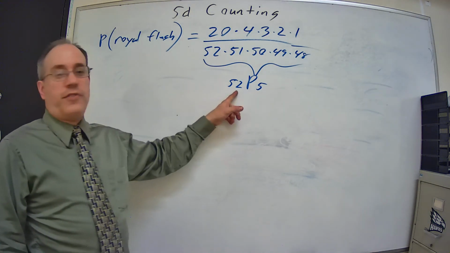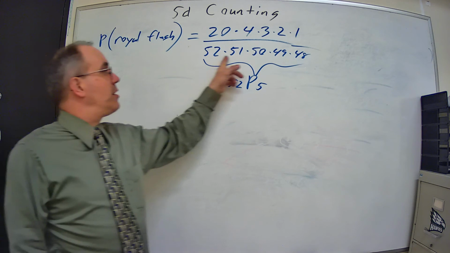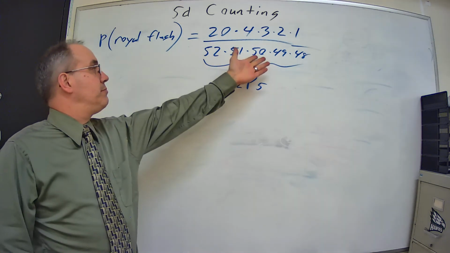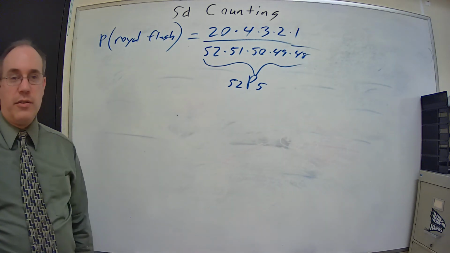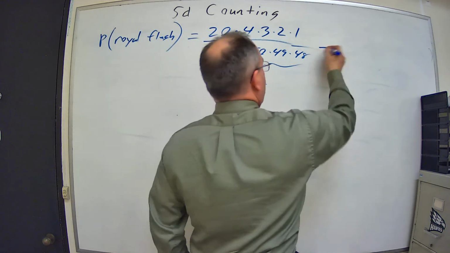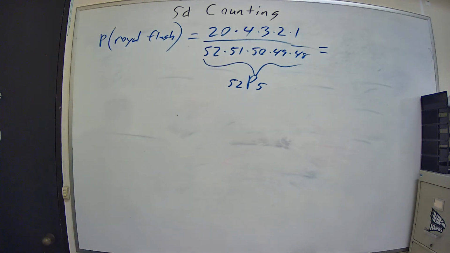We've got 52 cards to select from, we're going to select 5 of them, and the order matters. So now that I've used the fundamental counting principle, or permutations, it's a matter of doing the calculations.